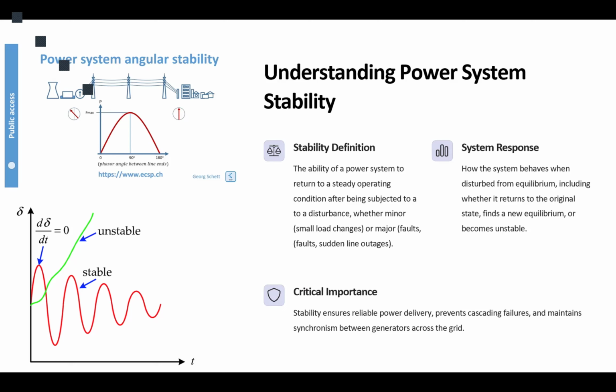What does that mean? That means we have a system, it works in a steady state, okay, meaning it's in equilibrium of the current condition. Now, for any reason, it could be a load change, it could be a fault, it could be a lightning strike in our power system, okay?